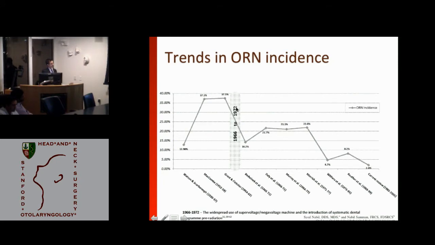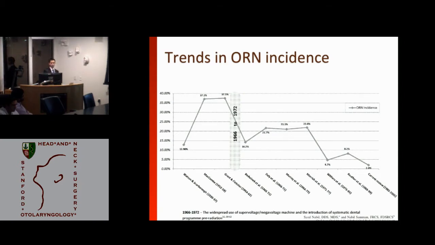And part of the speculation why this happened, it's more than just speculation, was that the way that radiation therapy was administered changed dramatically over the span of 1966 to about 1970. So they started to use linear accelerators. The physics is all above my head, but they started to use linear accelerators rather than what's called ortho accelerators.